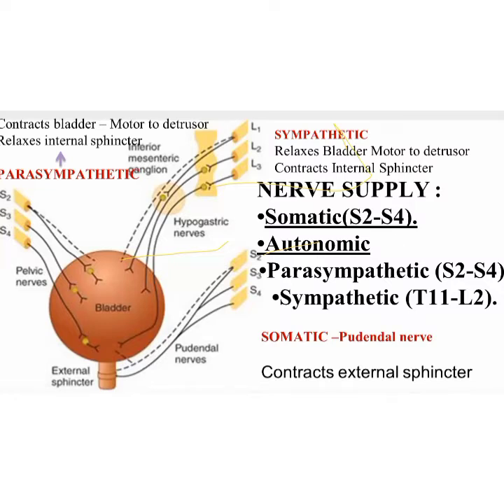The important work of the pudendal nerve is that it contracts the external sphincter. So it is always keeping the external sphincter closed. Maintaining the tone of the external sphincter is the work of the pudendal nerve.